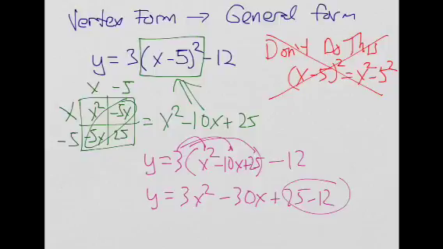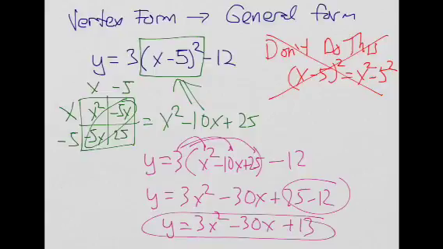And then I finally have some like terms to combine. So I get 3x squared minus 30x plus 13. Now I'm in my general form. I'm in polynomial form. I got my quadratic term, my linear term, my constant term.